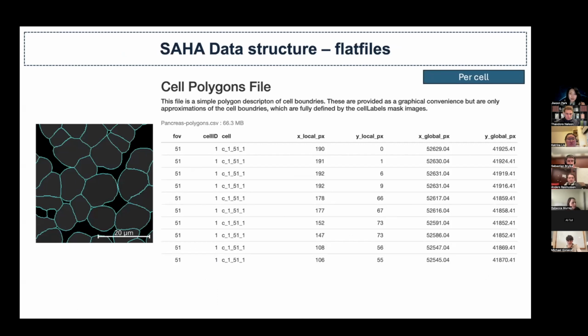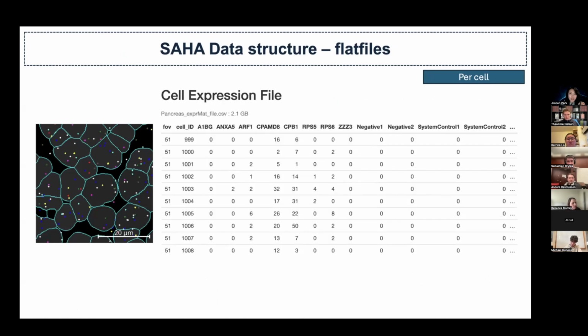Just to give you a preview, the flat files have a cell polygons file, where you can understand the boundaries of the cells, and an expression file with the XY coordinates and how many transcripts each of the cells has. By transcript, it's basically each puncta.